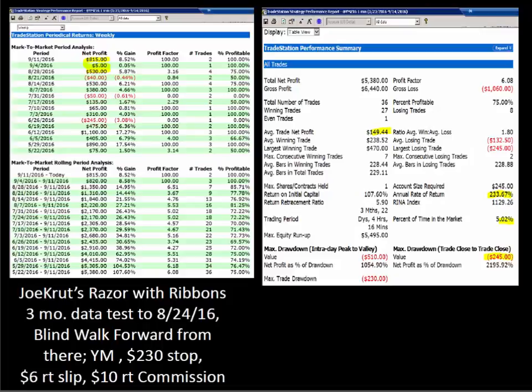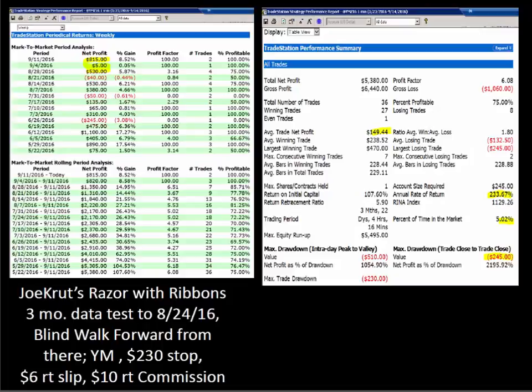If you look at those yellow marks up at the 3, those are the 3 weeks of blind walk forward, and you can see that they're over $1,370 in blind walk forward in 3 weeks. If you see the total net profit to the right, it's $5,300 in 4 months basically, and the drawdown has only been $245. 75% of the trades have been right, and it's been in the market about 5%.